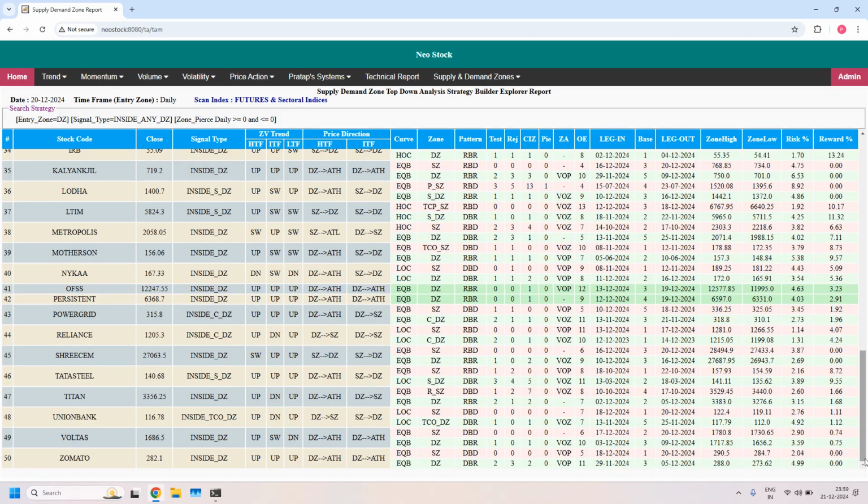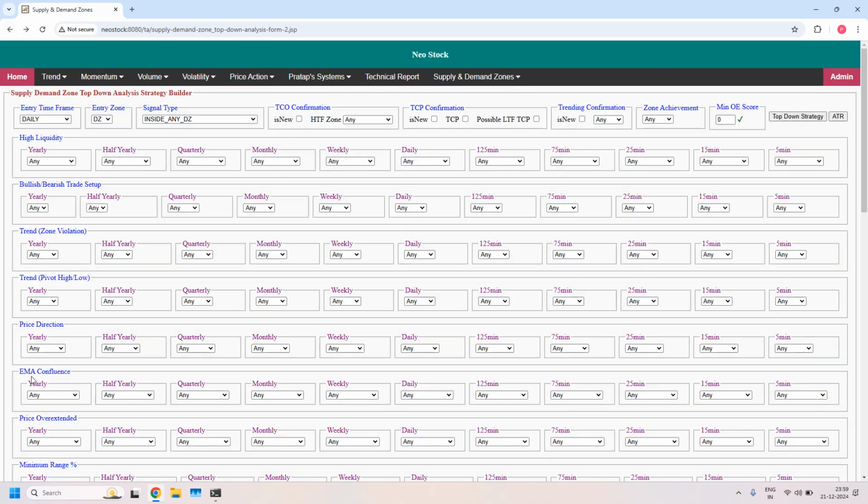Out of these 50, how many of these demand zones are having daily EMA Confluence? Let's verify. In the EMA Confluence, at a daily time frame, daily demand zones having daily EMA Confluence filter is enabled, and EMA Confluence does not make any sense in sideways trend. That's why we have to filter those stocks in the trend daily time frame.